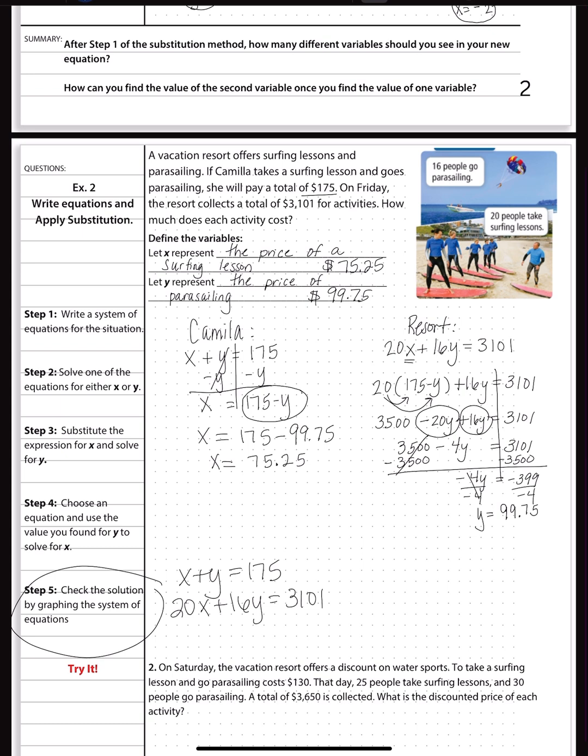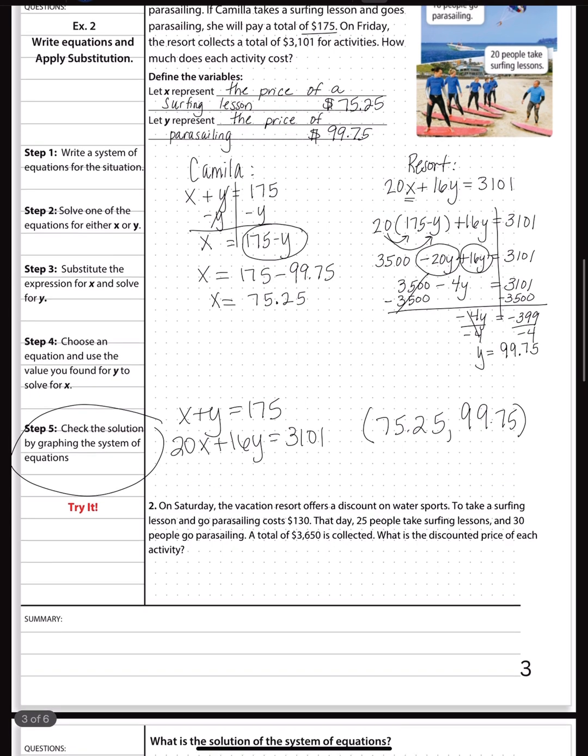Once you enter it, if you click at the intersecting point of these two lines, it is going to confirm the intersecting point of 75.25 as your x value and 99.75 as your y value. So make sure you do go to the Desmos calculator and verify for yourself.